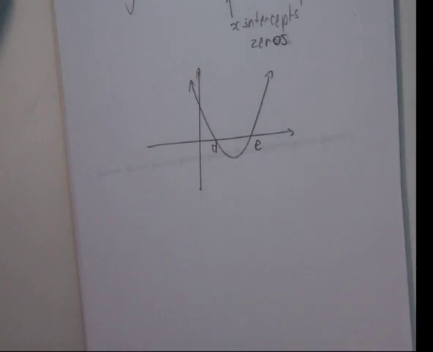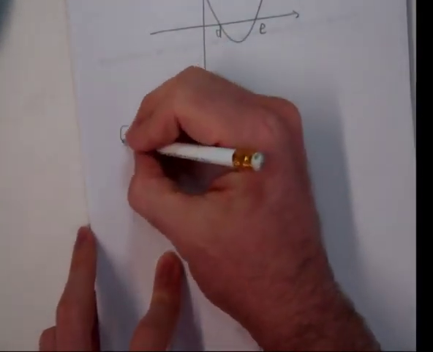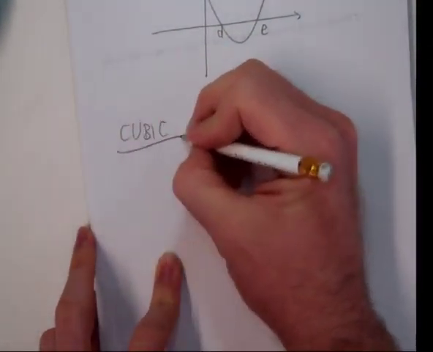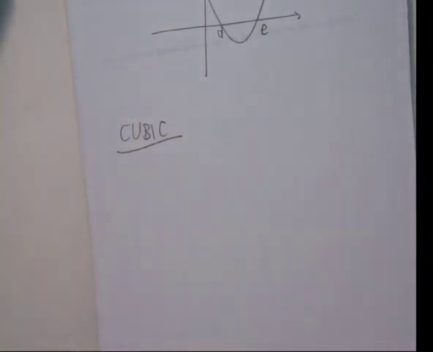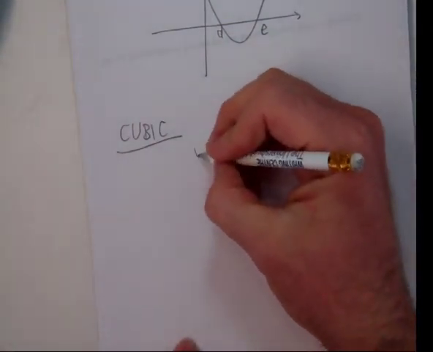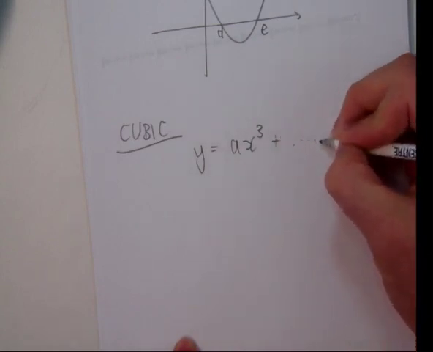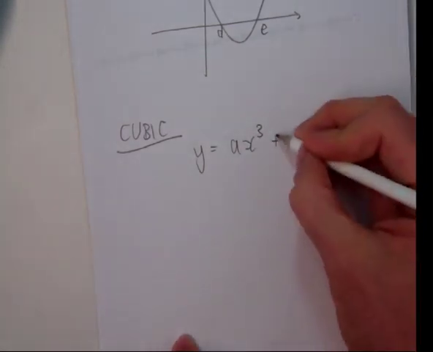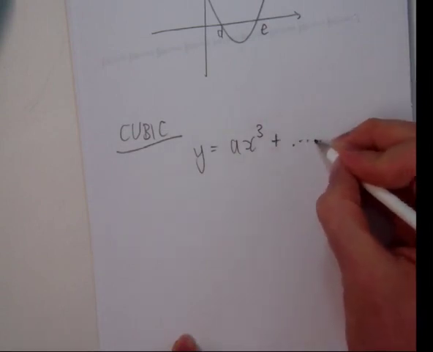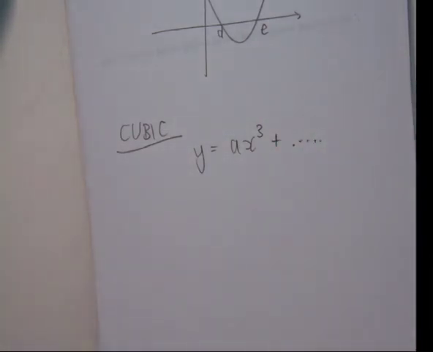Okay, now doing well on our tour of functions. The next one is a cubic, it's called. Which will have y equals something x cubed plus and so on. So there'll be other stuff here. There'll be x squared and x and a constant. It's called cubic because we've got x cubed here.